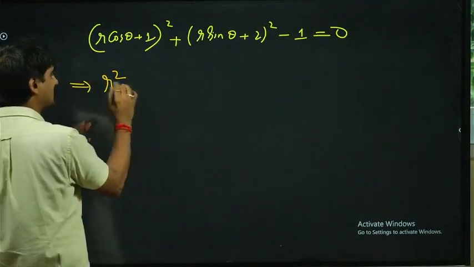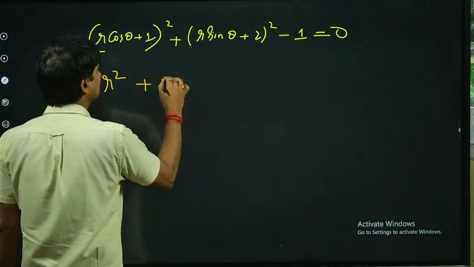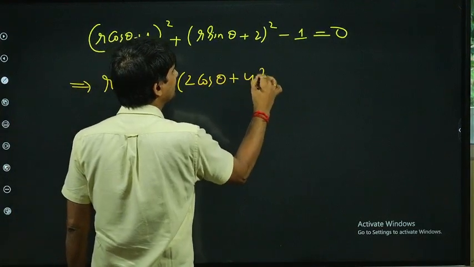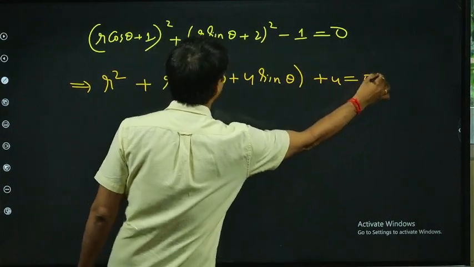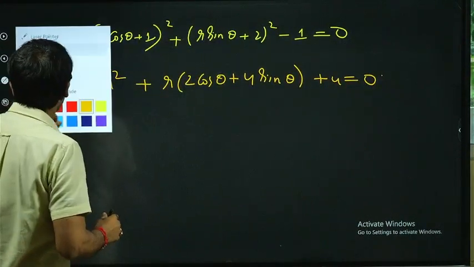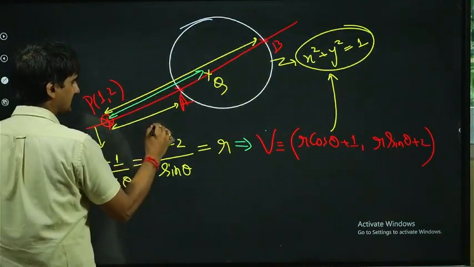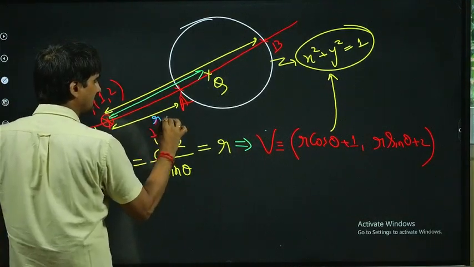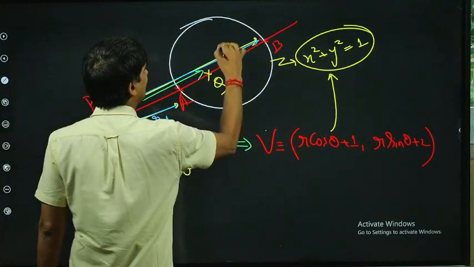So let's get it. r square, because sin square plus cos square is 1, plus r times (2 cos theta plus 4 sin theta), 1 got cancelled, plus 4 equal to 0. Fine. Now I will say let this distance PA be r1 and this distance PB be r2.